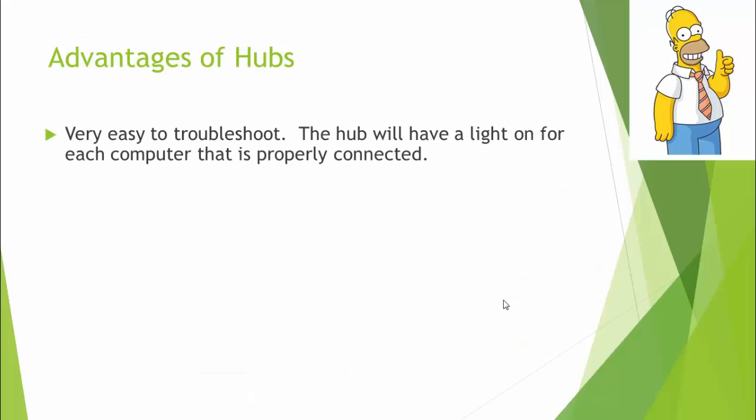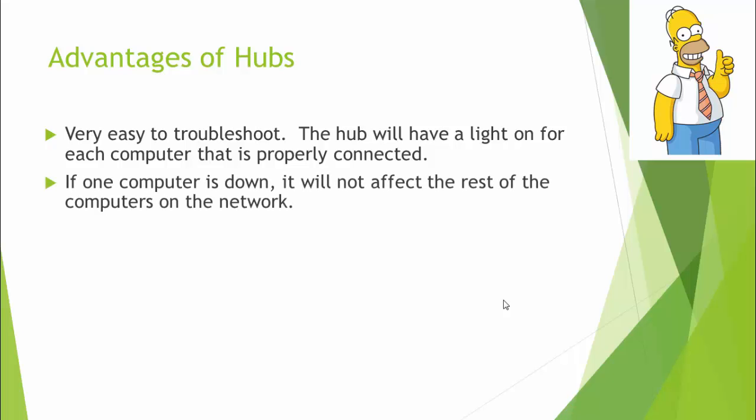Now, hubs are extremely easy to troubleshoot. Essentially, because of the fact that they don't interpret the data in any way, they simply send information, shout it from the rooftops, if you will, each time any data comes in. And if one computer goes down, it won't even really notice.